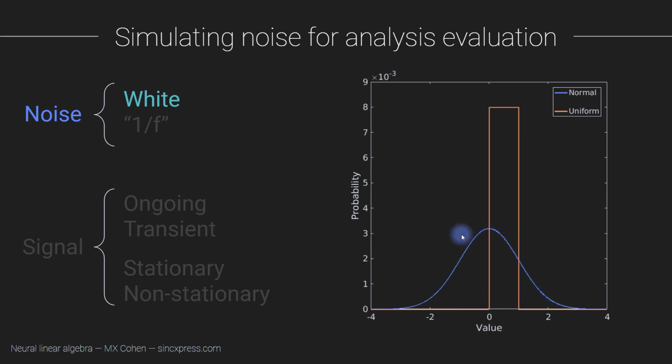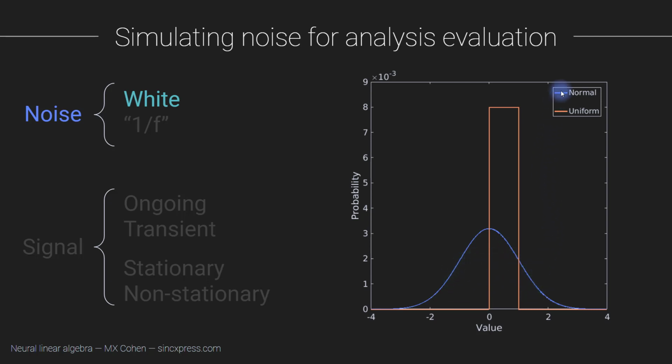Generating normally distributed noise is interesting because as you add more and more of this kind of noise to a signal, in general, then you start averaging over more repetitions, and this noise will basically go to zero because all the negative numbers will cancel out the positive numbers.